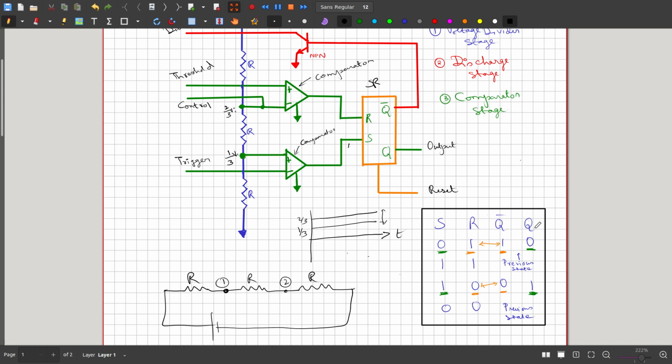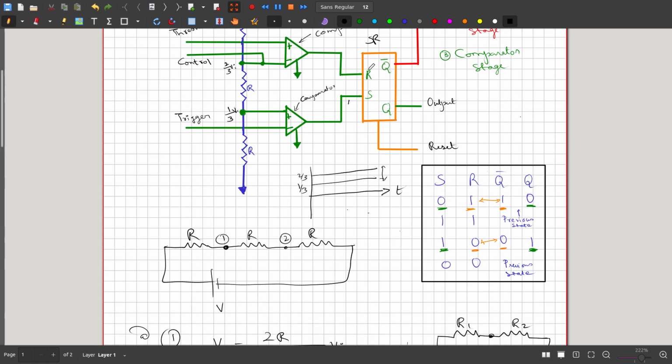Or we can switch Q to 0 by setting the S pin to 0. You can remember this by remembering the pairs R with Q bar, and S with Q. In order to make Q bar high, we have to make R high and S low. This condition should be satisfied. And if both R and S are high, then Q bar and Q follow the previous state.